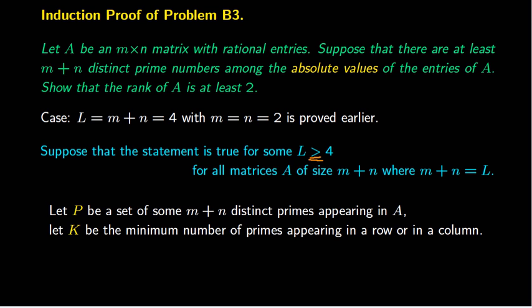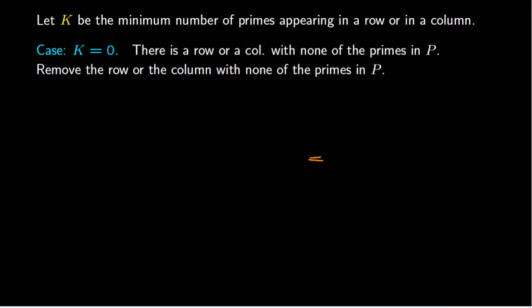And it's the same setup. P is a set of m plus n distinct primes, and k is the minimum number. Alright, with k0, the minimum, there is a row that does not have these primes at all, and we're going to remove that row or column.